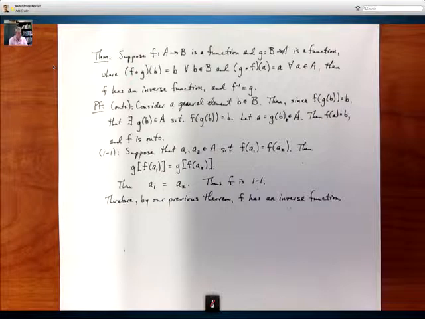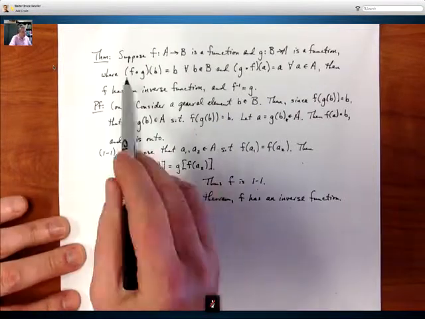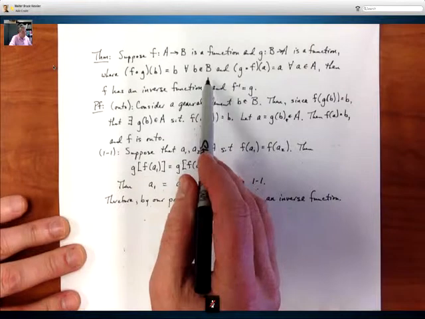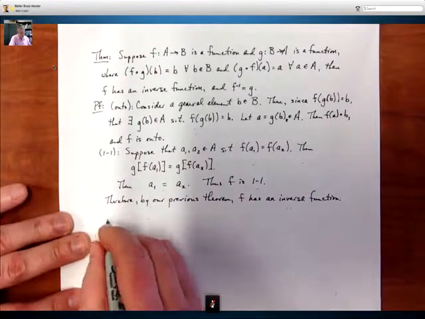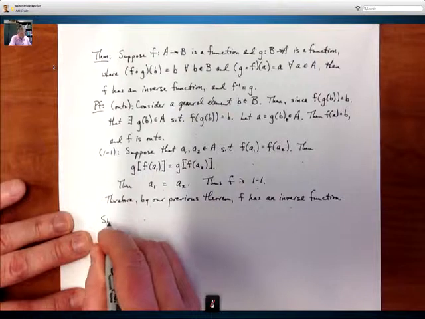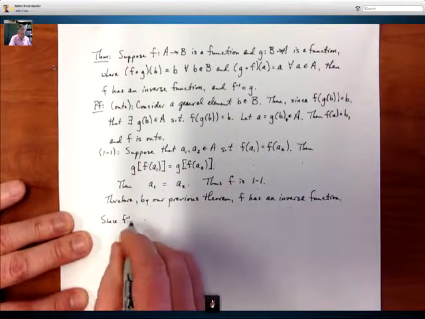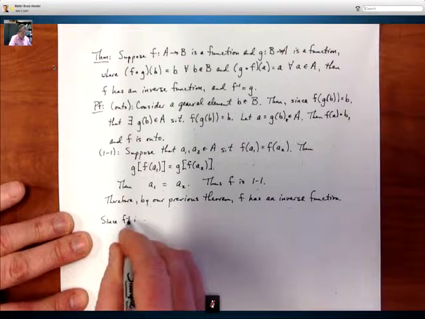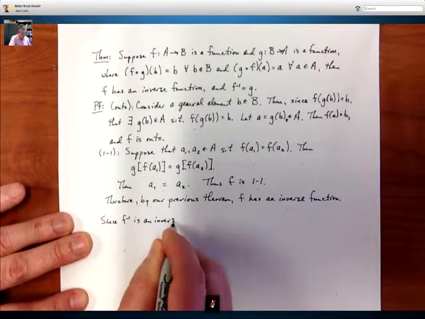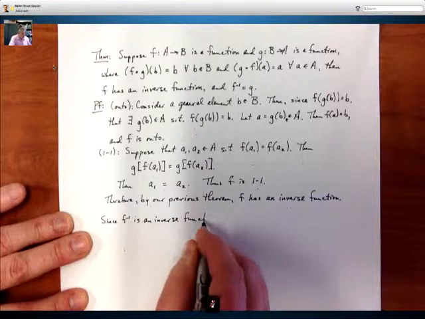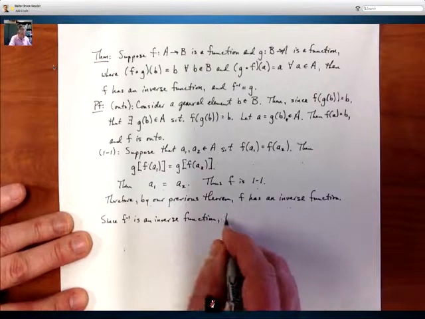So now we have to show that F inverse and G are the same thing. Okay? Well, this goes back up to this statement, and it also goes to what inverse is. Since F inverse, or F to the -1, is an inverse function.